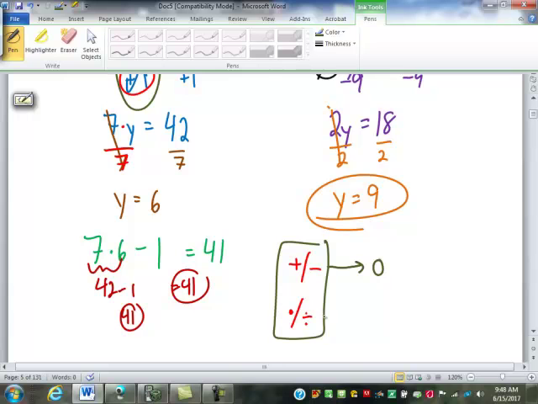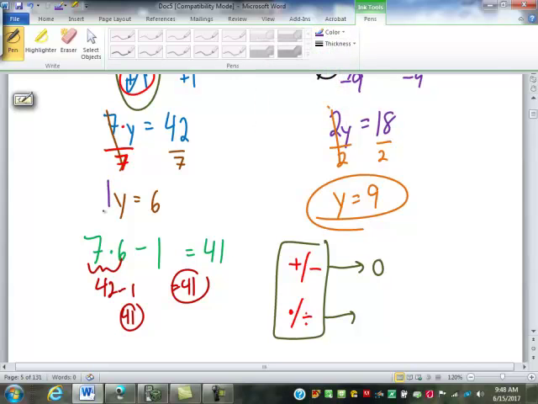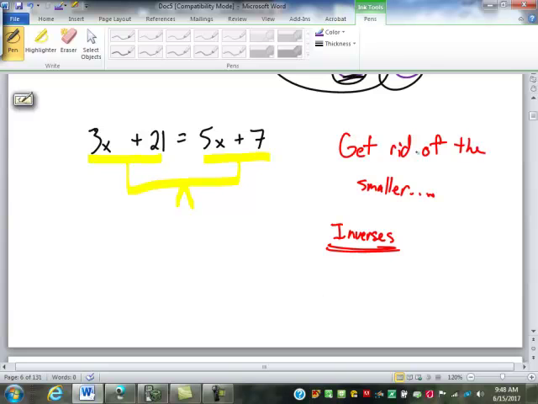When I multiplied and divided, here I was multiplied by 7, I divided by 7. What do I get there? 1. Yeah, technically that's a 1y. So when I use multiplication and division as inverses, I would get 1. So coming down here, I'm going to get rid of the smaller one, which is the 3x.